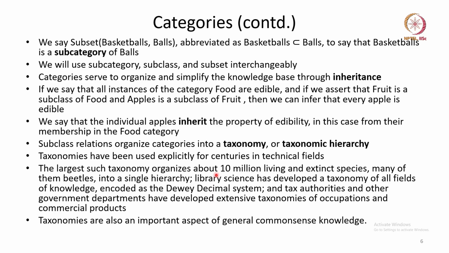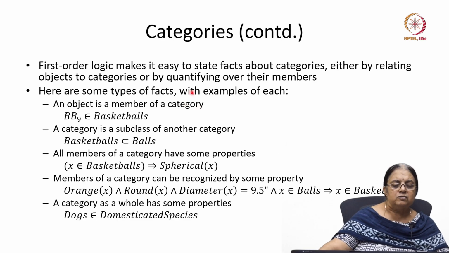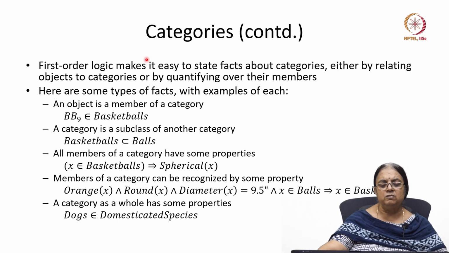And in libraries, you have the Dewey Decimal System, and tax authorities have developed extensive taxonomies of occupations, commercial products, etc.